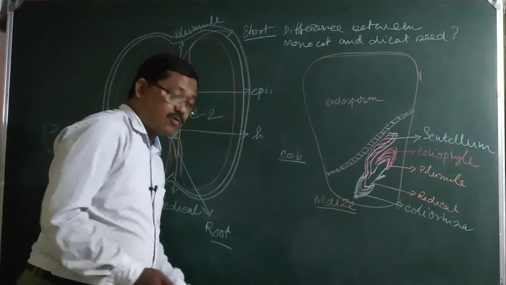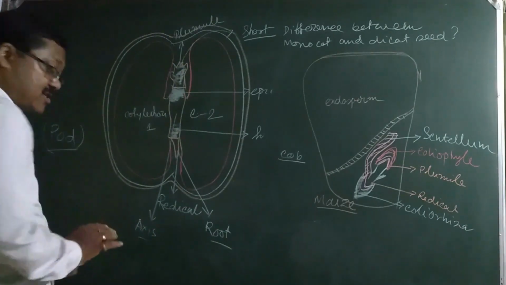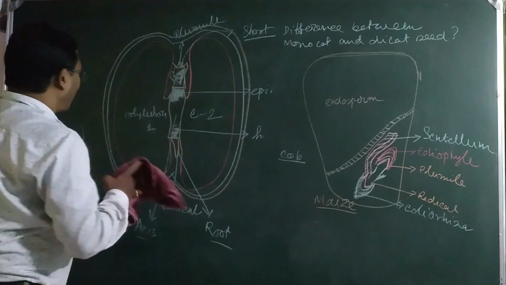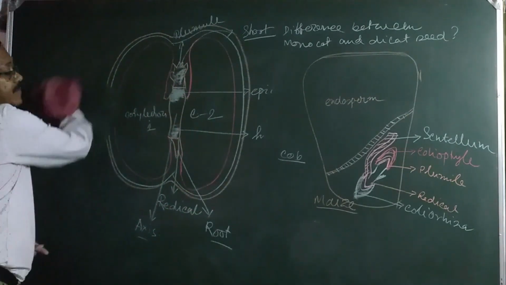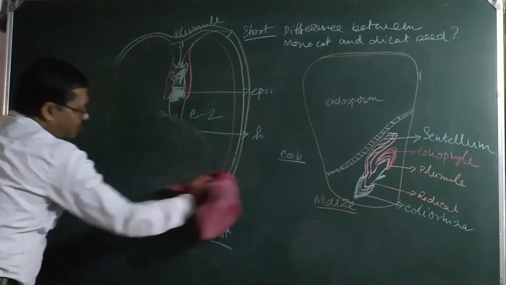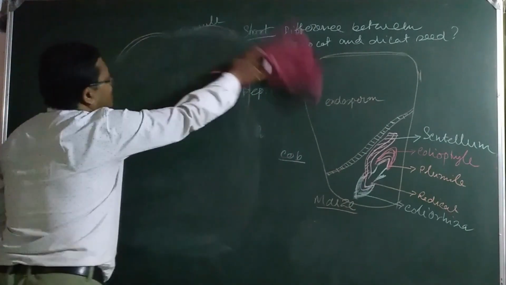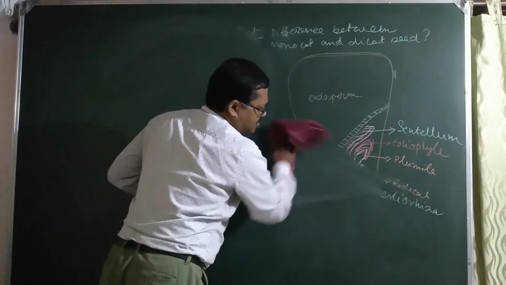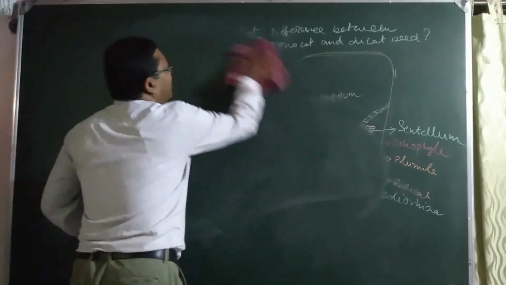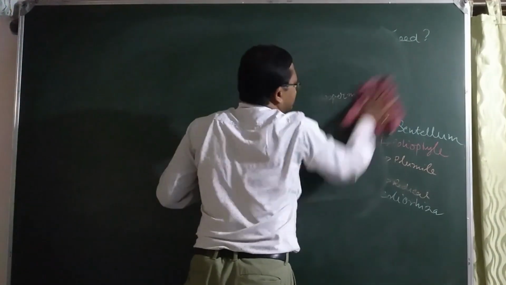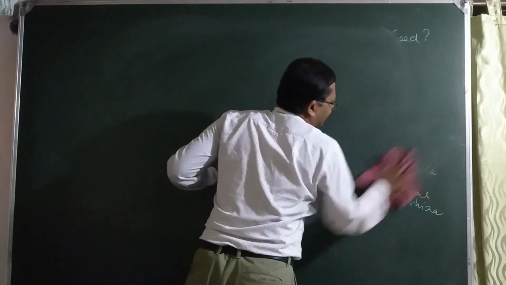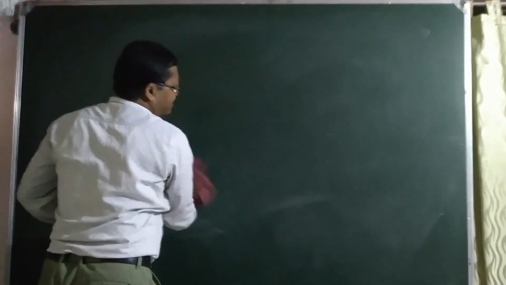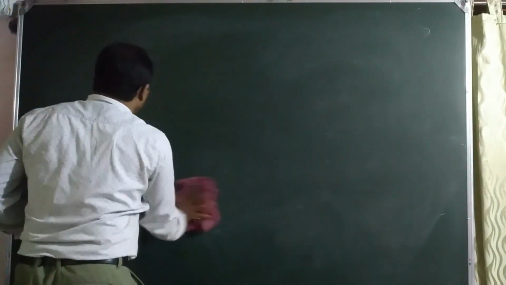Then the question arises: what are the factors responsible for the germination of dicot and monocot seeds? Several factors. At first, to understand the factors for germination of a seed, what is germination? What do you mean by germination and what do you mean by dormancy?